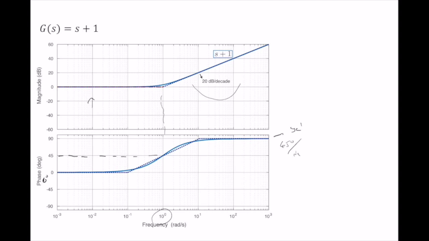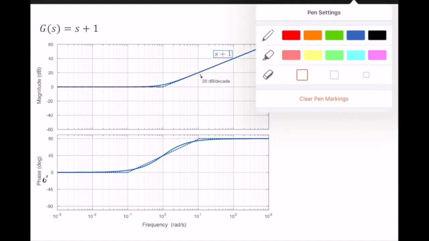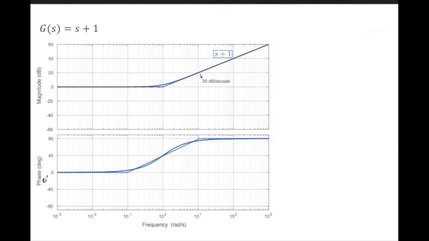But the idea is, how can we guess this graphical approximation if we don't have the actual Bode plot? Okay, let's try to capture that. So let's clean everything that we don't want and try to find the same approximation using some analytical tools. At least some basics. Okay, good. So s plus 1.